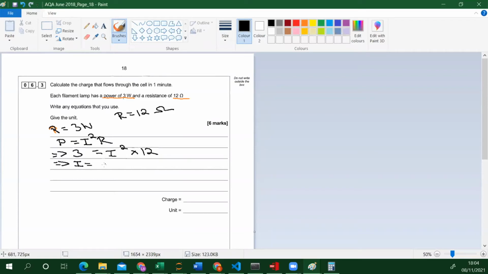Let's rearrange to make I the subject. I'll do it bit by bit. You can do it in one go if you know how, it's not wrong. I'm just going to show people who might not be aware how to do it bit by bit.